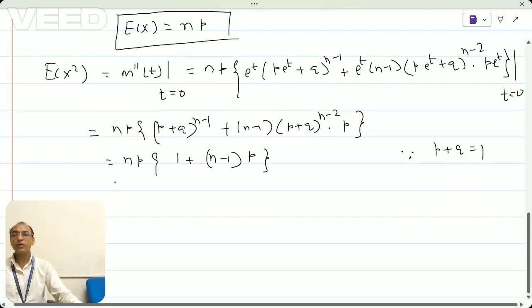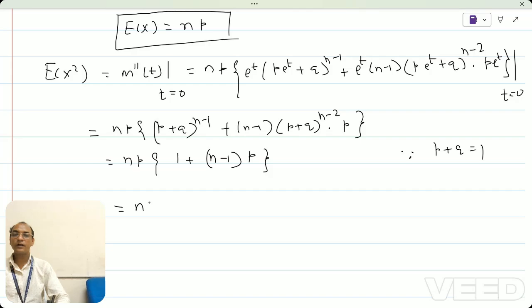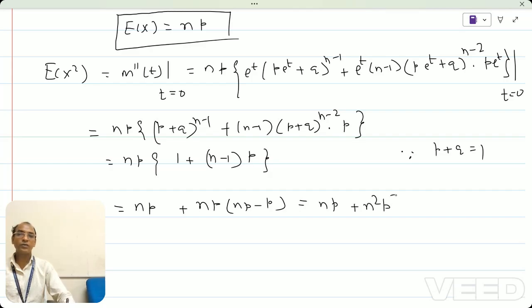And so what we will get here, if I multiply it, is np plus np into (np minus p), and so this is nothing but np plus n square p square minus np square. This is equal to expectation of x square.